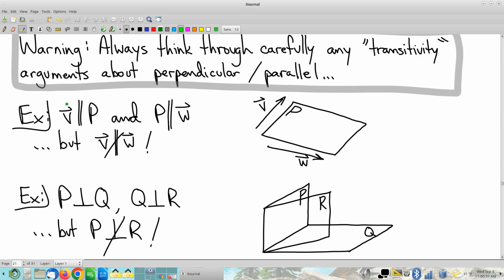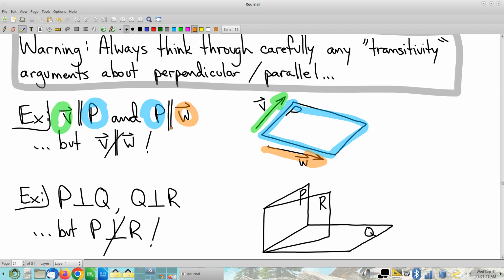Check it out. This vector V and this plane P are parallel. The plane P and this vector W are parallel, but V and W are not parallel.